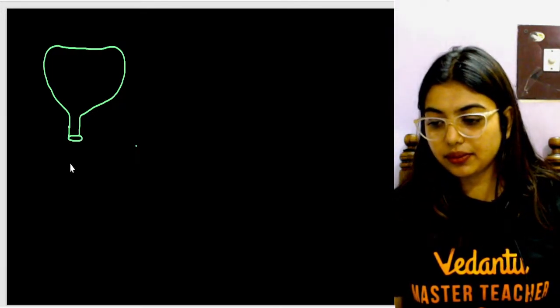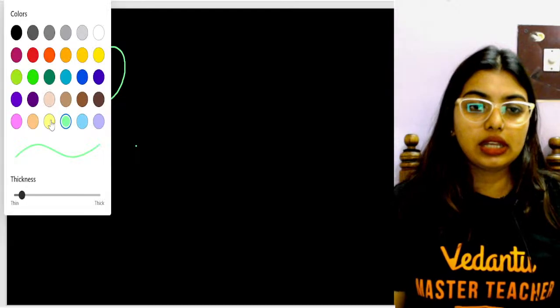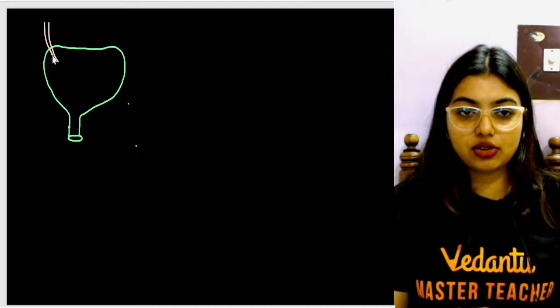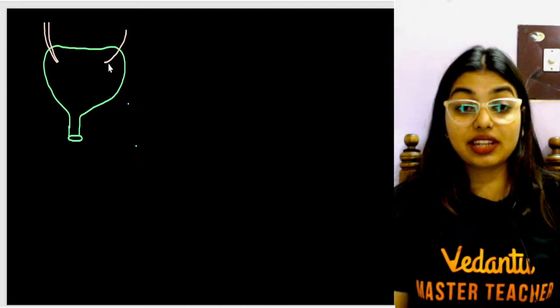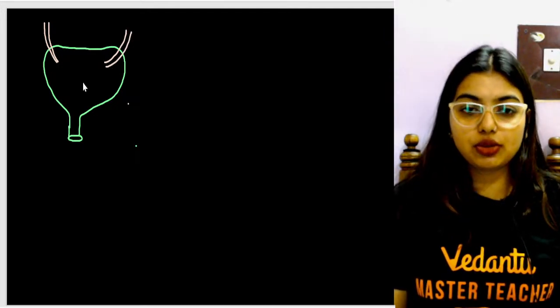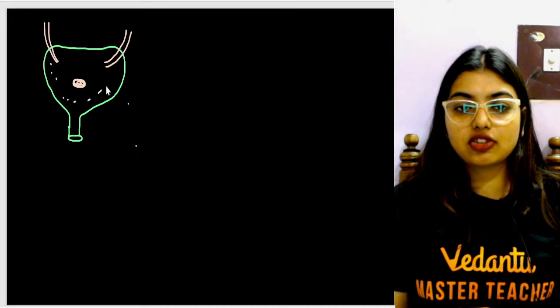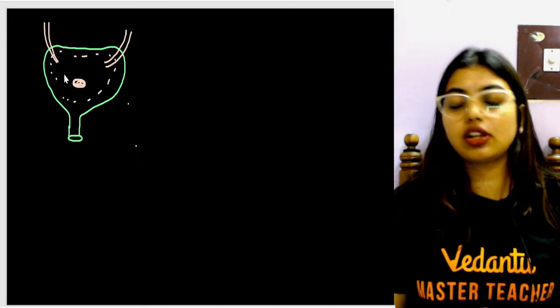Yes or no? Now, the urinary bladder will have 3 openings: 2 openings of the ureter and 1 opening of the urethra. This is called the trigone of bladder.